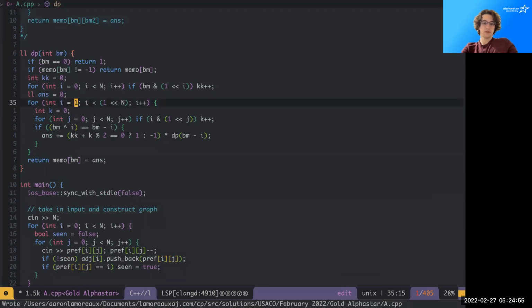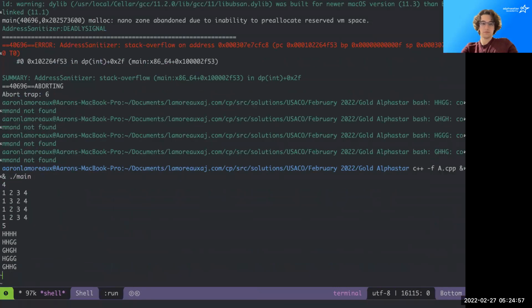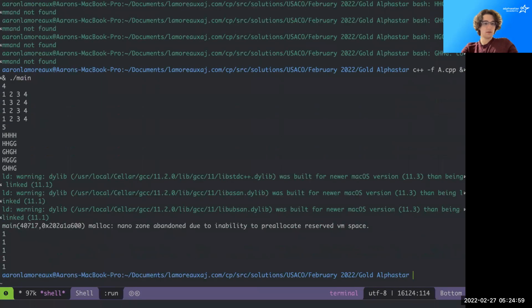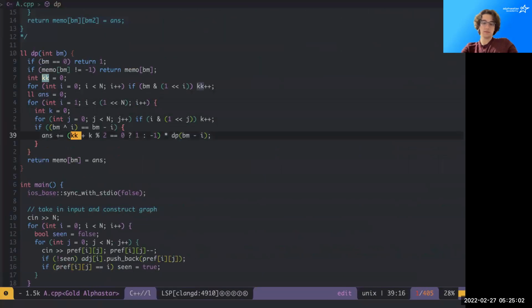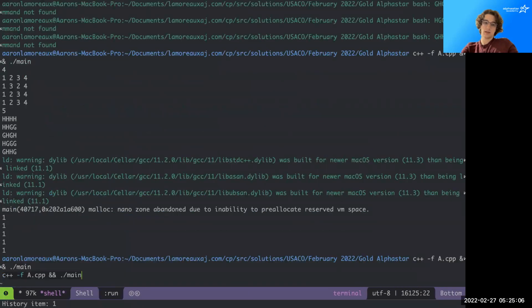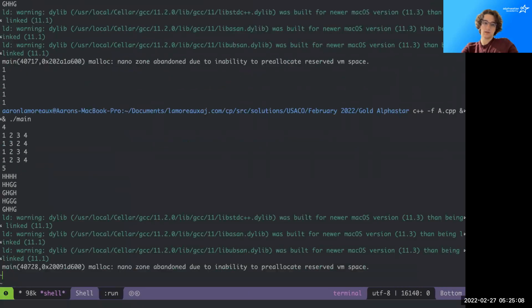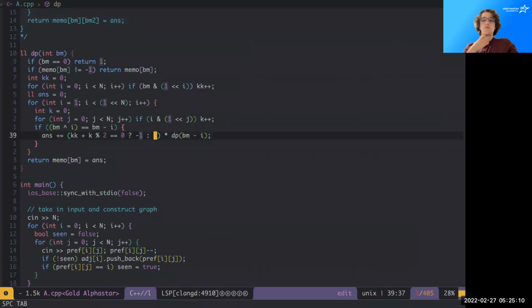I guess we have to remove at least one, otherwise we're not. That doesn't seem right. Change. That is way worse.